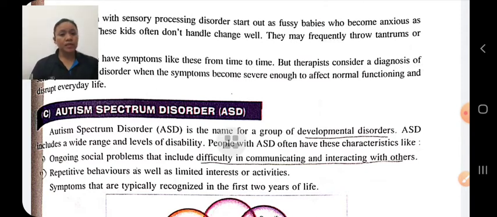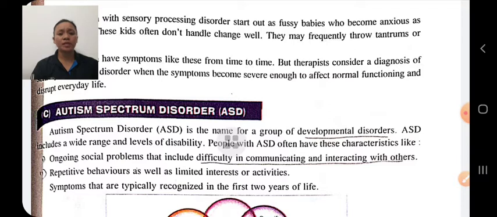The development is not proper, therefore the person faces difficulty in communication, language, social skills, and behavior.